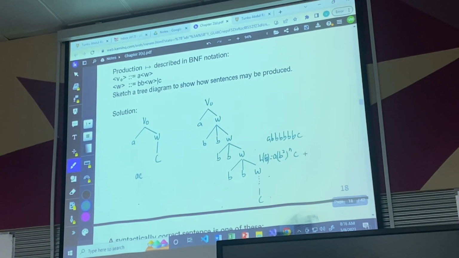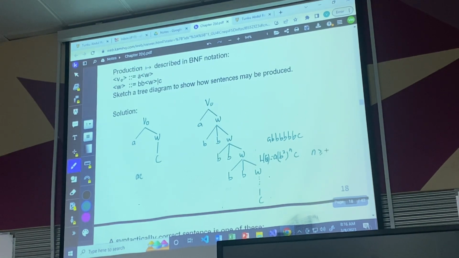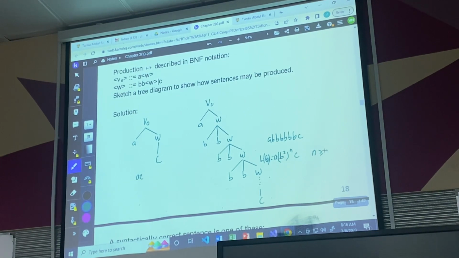So the N will be any integer starting from 0 or not.